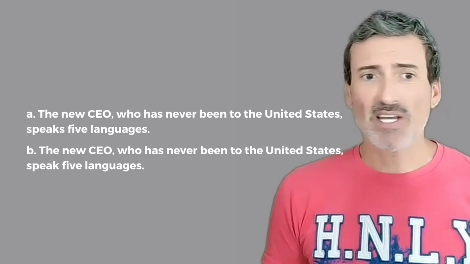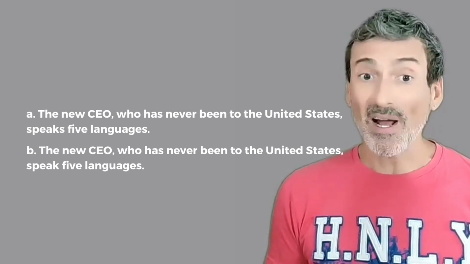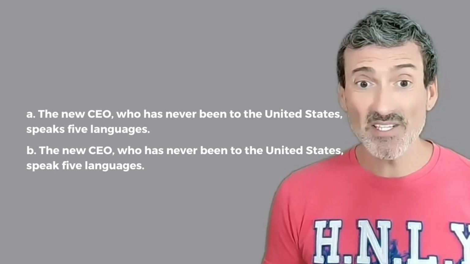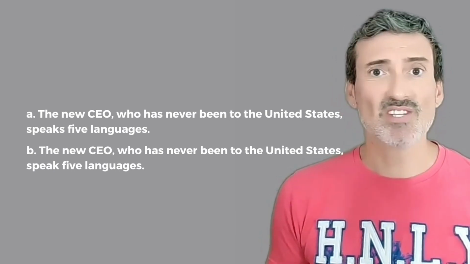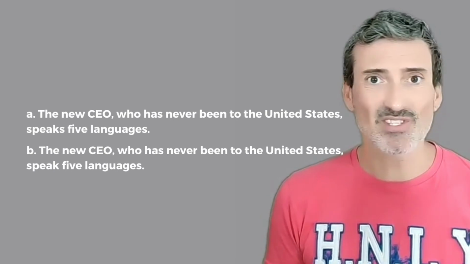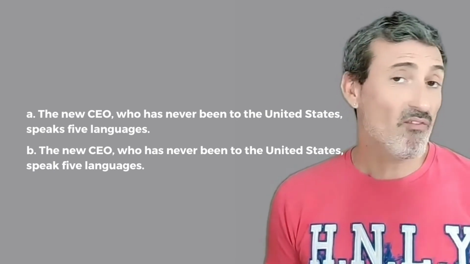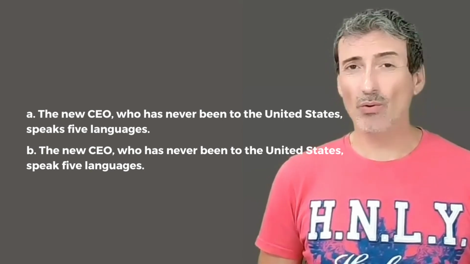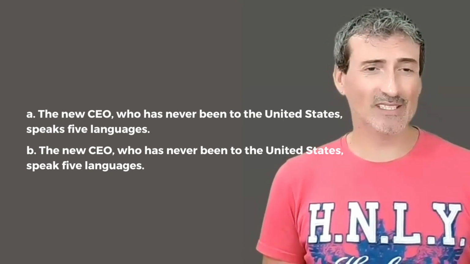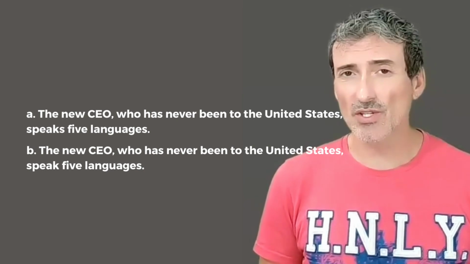And the last one: Option A: The CEO, who has never been to the United States, speaks 5 languages. Option B: The CEO who has never been to the States speaks 5 languages. In this example, the new CEO who has never been to the United States speaks 5 languages.